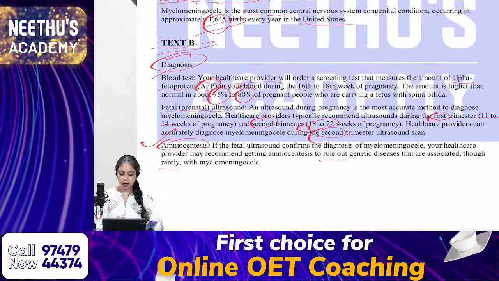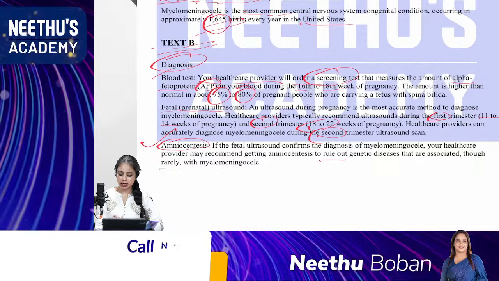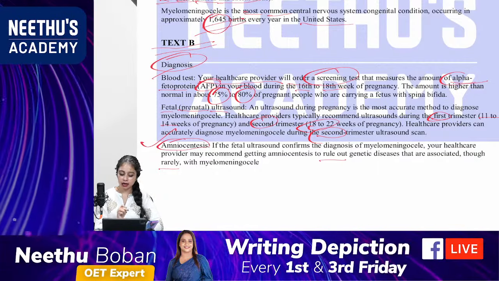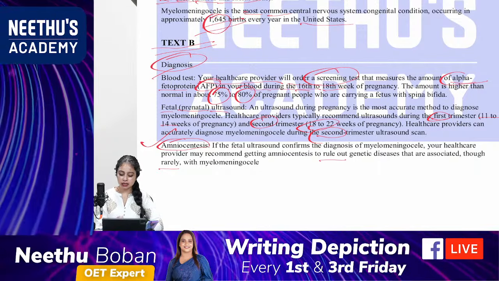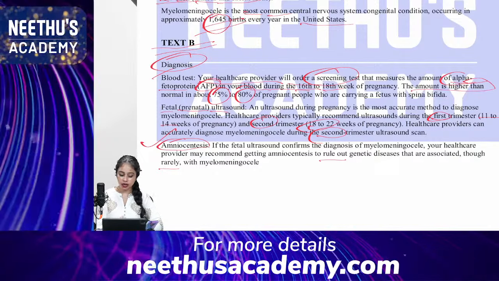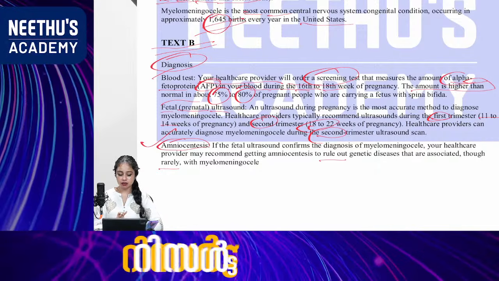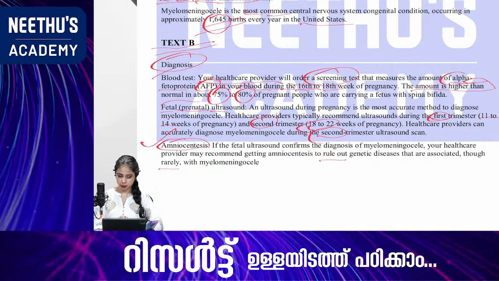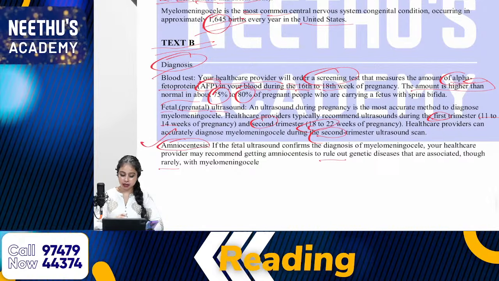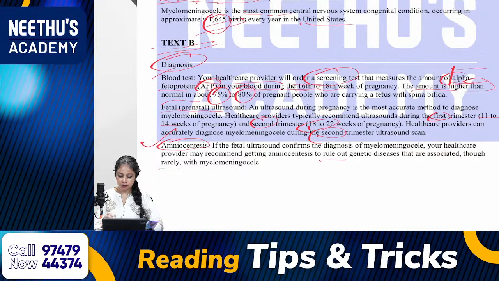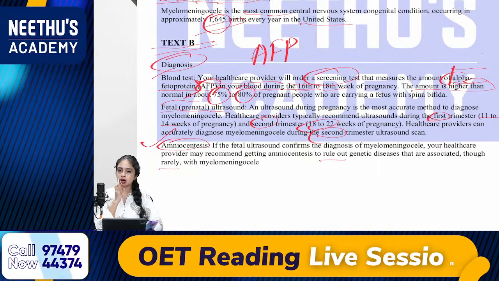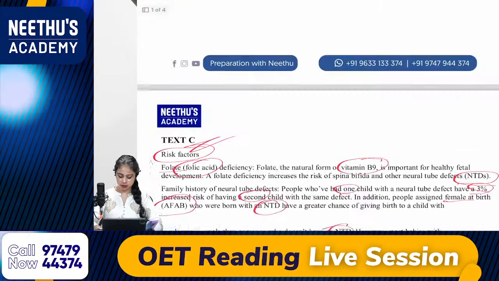Your healthcare provider will order a screening test that measures the amount of alpha fetoprotein or AFP in your blood during the 16th to 18th week of pregnancy. That the amount is higher than normal in about 75% to 85% of pregnant people. So that answer should be from text B. Answer is alpha fetoprotein, or you can write AFP because that abbreviation is already mentioned in the question.